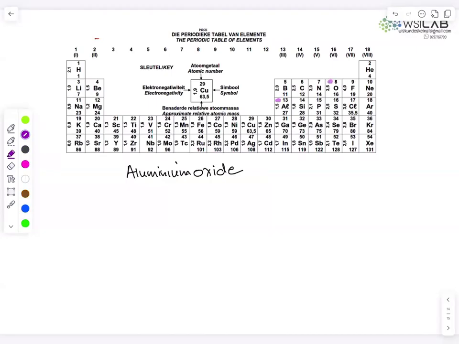So it's aluminium and oxygen. Okay, we always write the metal first. So aluminium is first and oxygen is second. Okay. And then since aluminium is in group 3, it's a 3 plus. And oxygen is 2 negative. Okay, what does aluminium oxide look like?